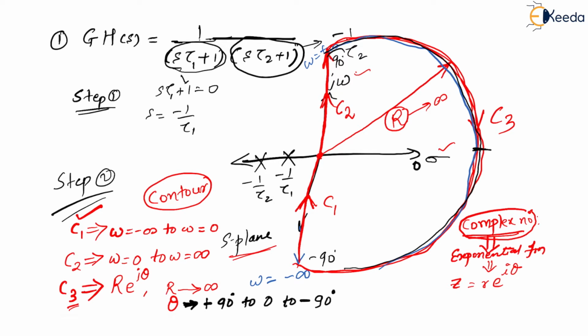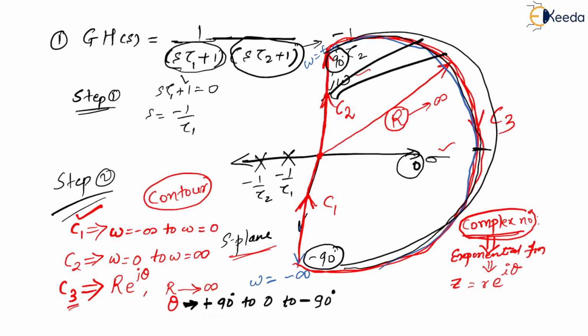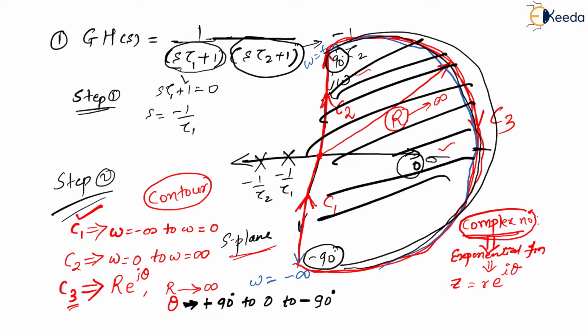That was our whole journey of the circle. So now you have the entire right half of the S-plane along with the imaginary axis in your scrutiny.